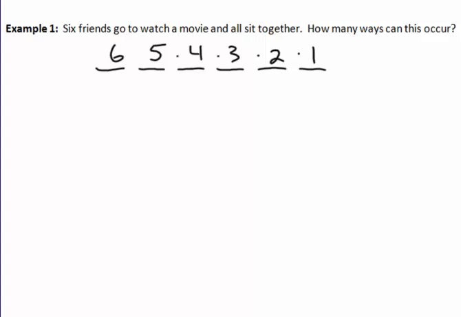Fundamental counting principle tells us that we'd multiply those all together. But remember, that's just the same as 6 factorial. So we don't need to use the fundamental counting principle. We can, but either way, we're going to get 720 different ways those people can all sit together.